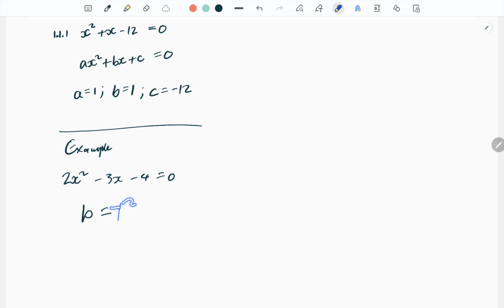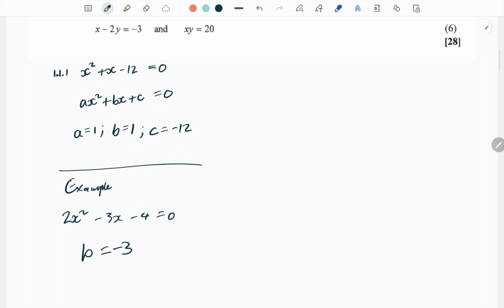You have -3. So you have to know how to identify the coefficient based on this x. So b is always going to be the coefficient of x, and you have to include the sign. So it's negative, which requires a -3 as a whole.